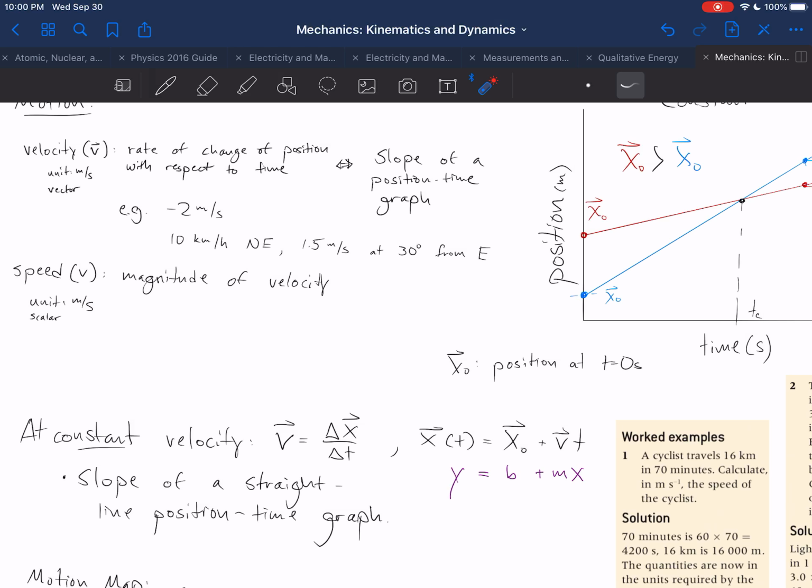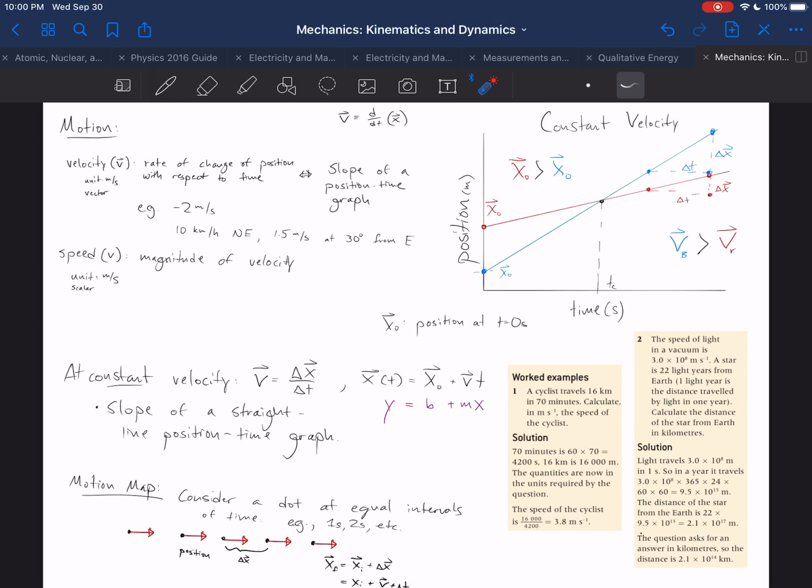Notice the speedometer doesn't care what direction you're going in. It simply tells you the speed at that particular point in time. Our symbol for velocity is v with a little vector hat, and our symbol for speed is v without the vector hat. So the magnitude of the velocity is the speed.